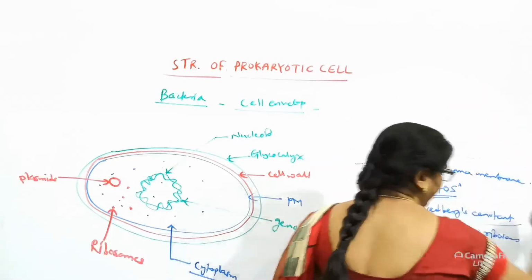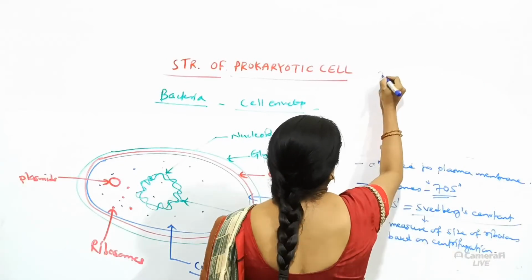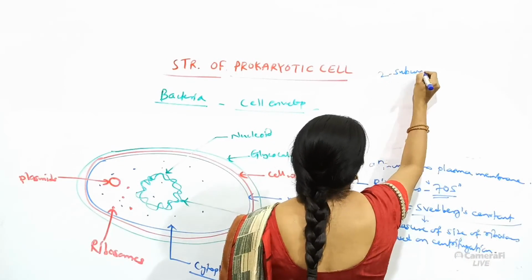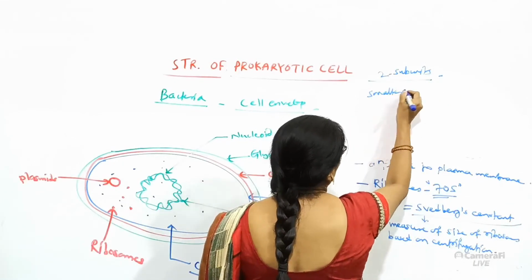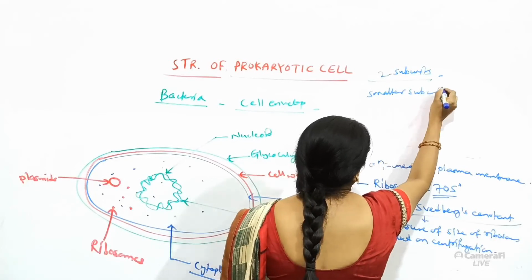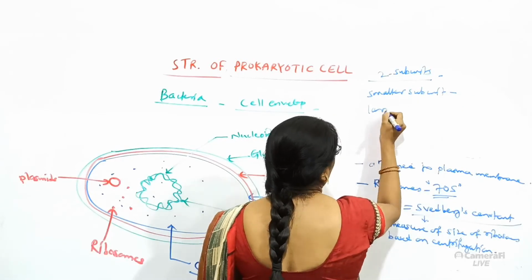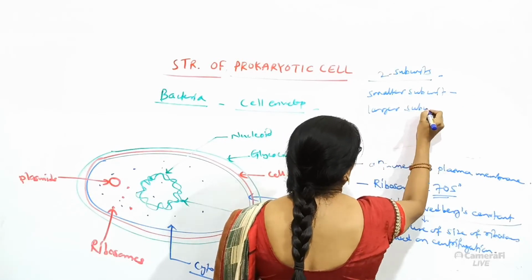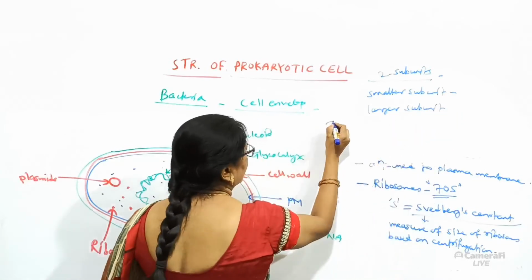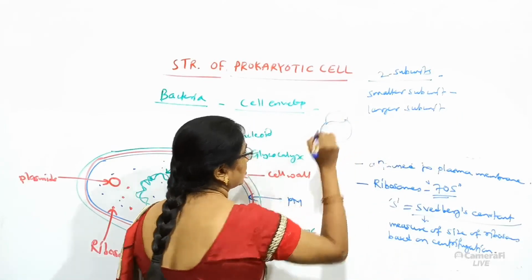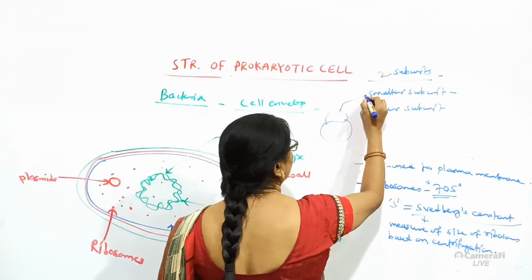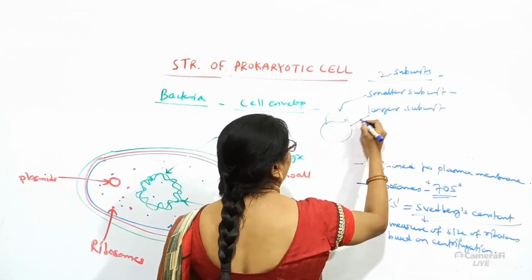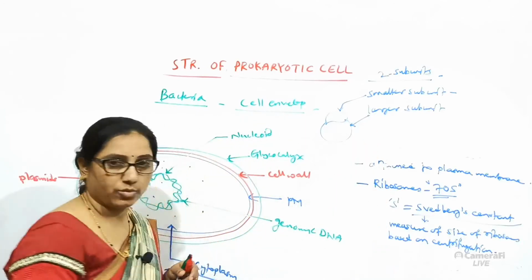One is the smaller subunit and another one is the larger subunit. So these are granular structures made up of two subunits.